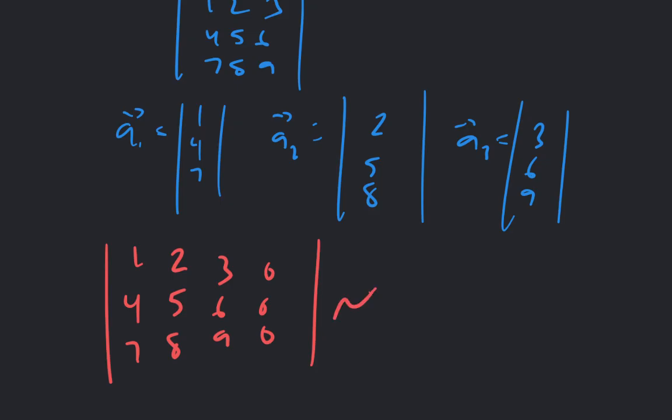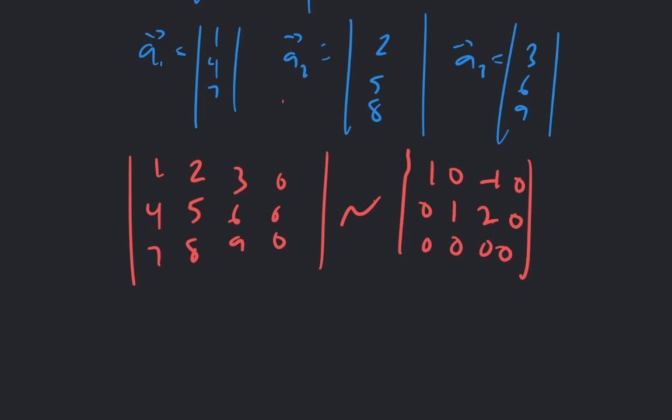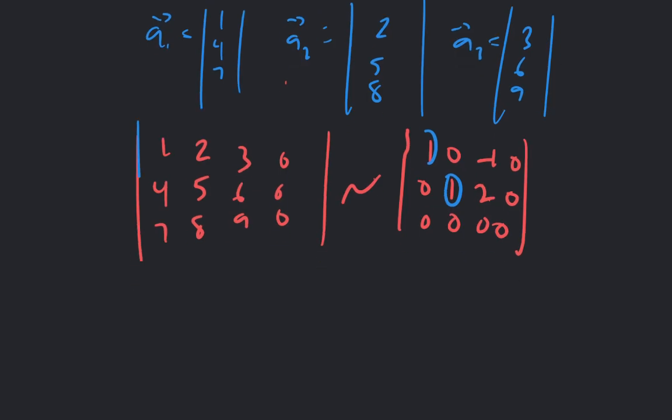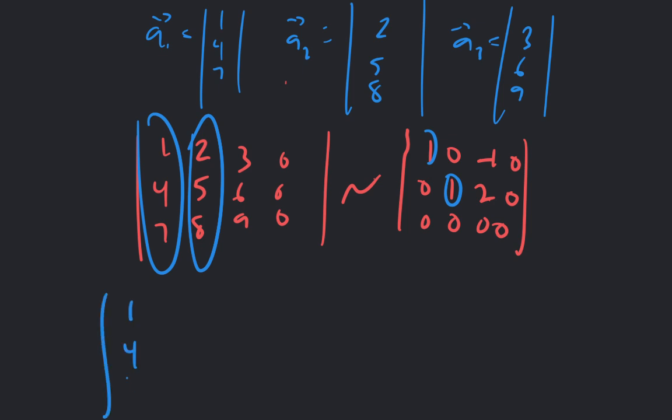Row reducing, the column space corresponds to the pivot columns, so that would be this and this. So we have 1, 4, 7 and 2, 5, 8.